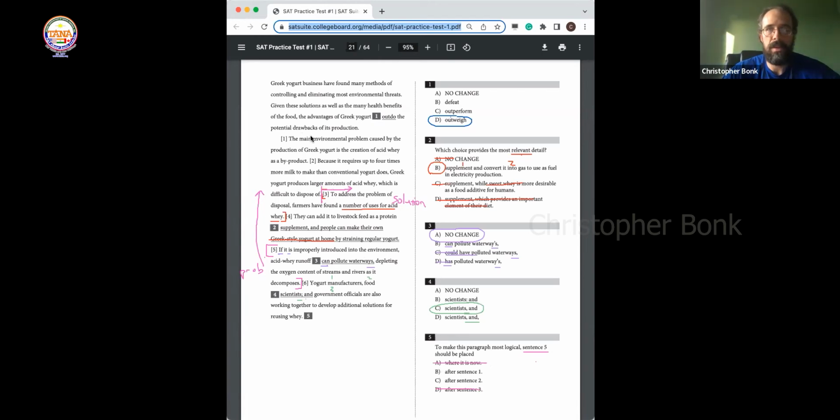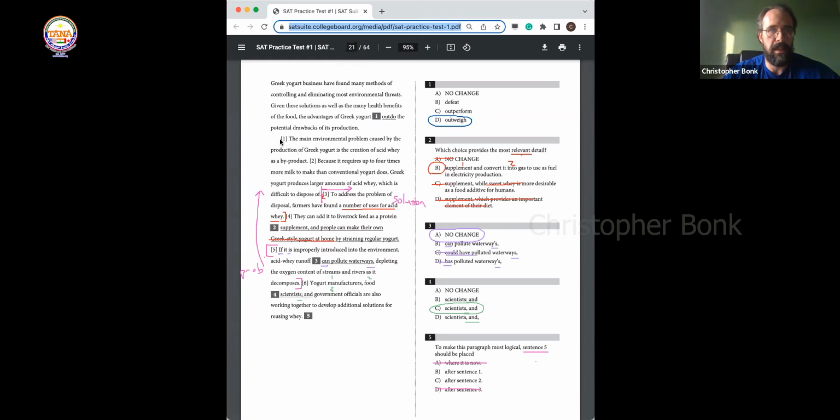Then between those 2 options, always consider what we currently have in place. 2 is giving a further explanation of 1. 1 says the main environmental problem caused by production of Greek yogurt is the creation of acid whey. Because it requires up to 4 times more milk to make than conventional yogurt does, Greek yogurt produces larger amounts of waste, which is difficult to dispose of.